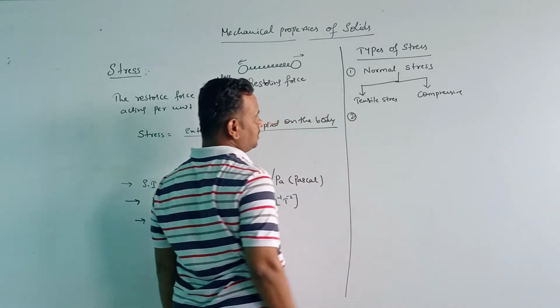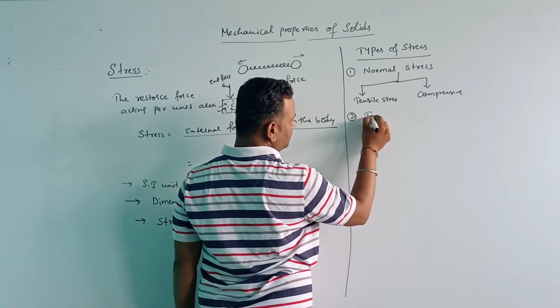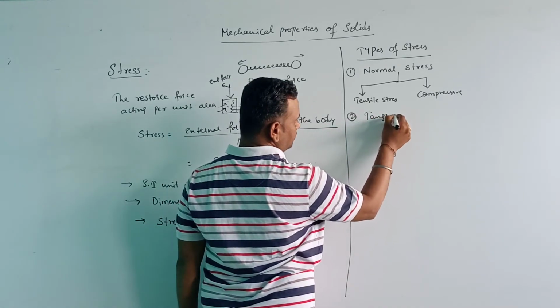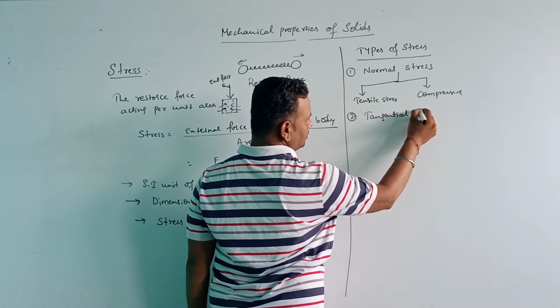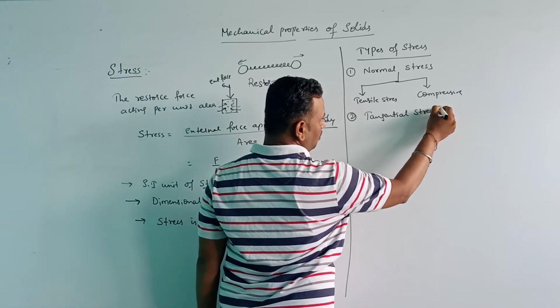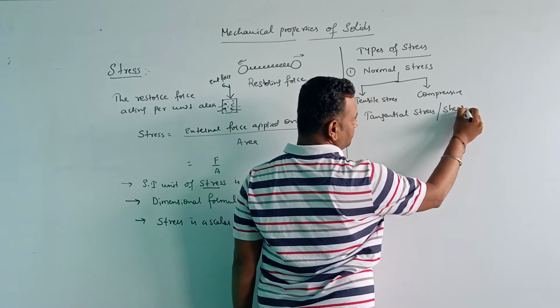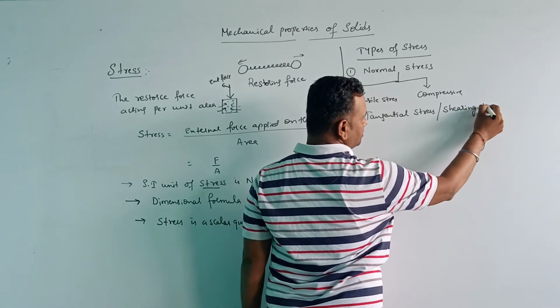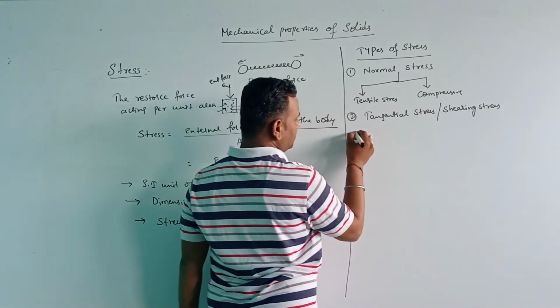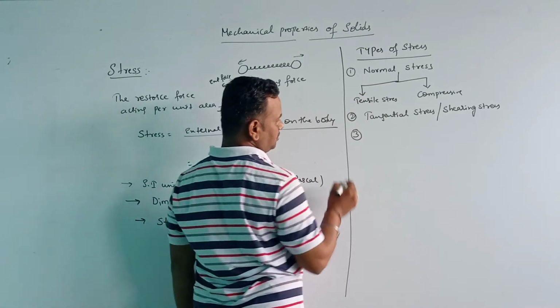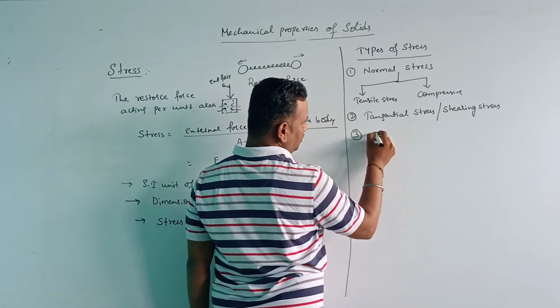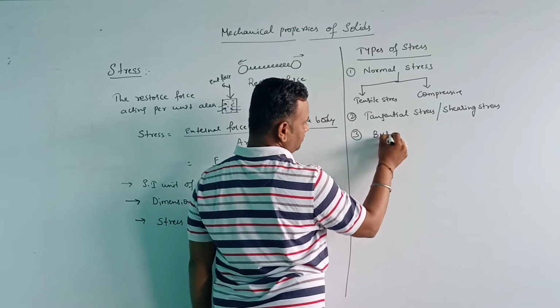The second one is tangential stress, also called shearing stress. And the third one is bulk stress.